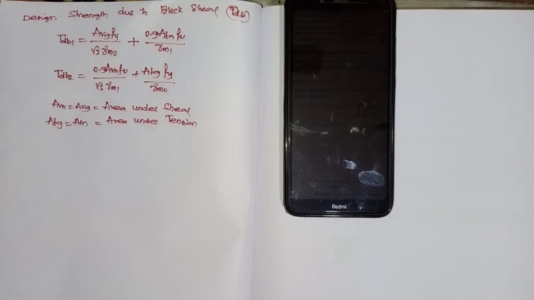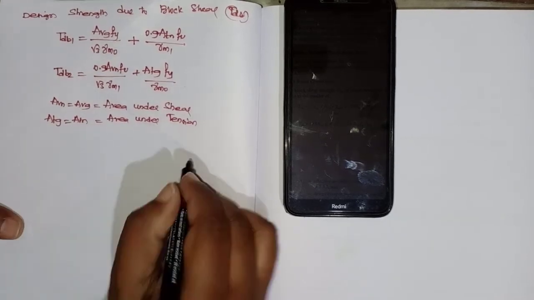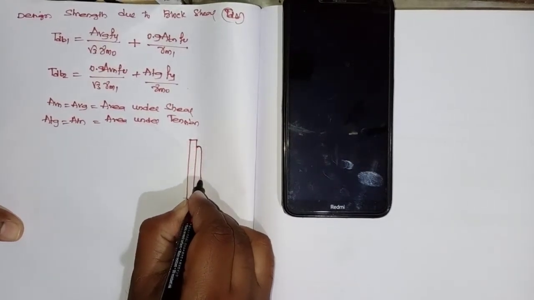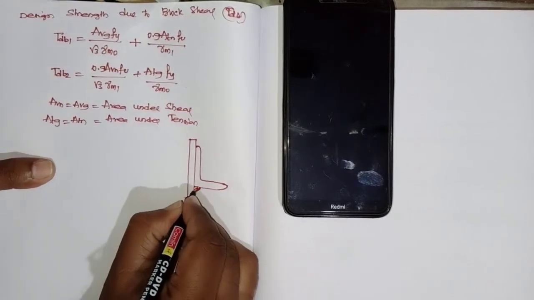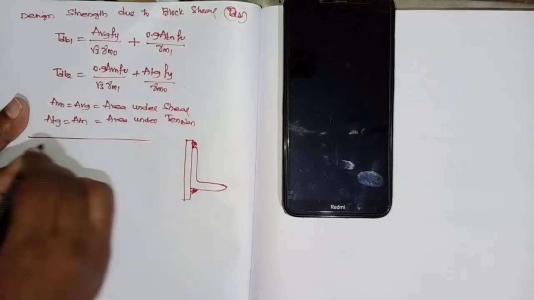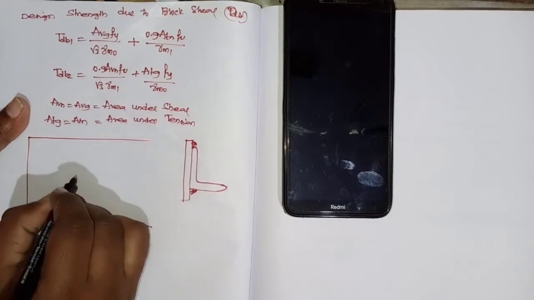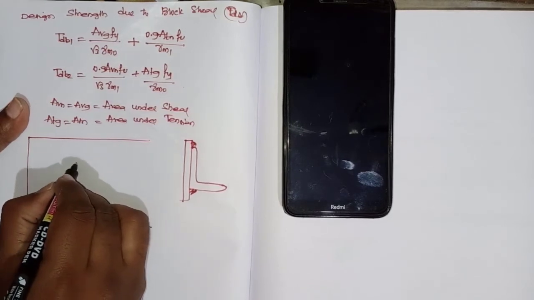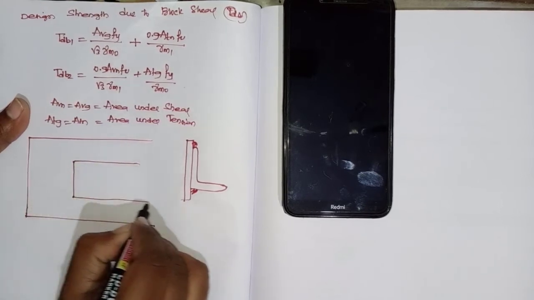Now, suppose I am connecting an angle section. This is a gusset plate, welded here and both completely. Suppose this is the gusset plate, and to that gusset plate I am connecting an angle section.